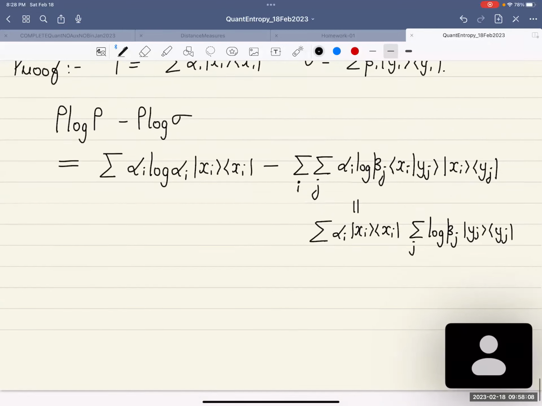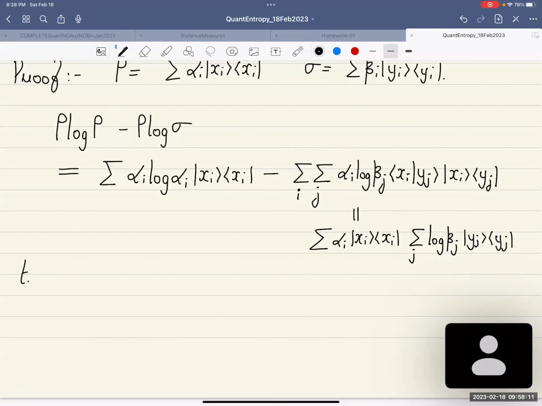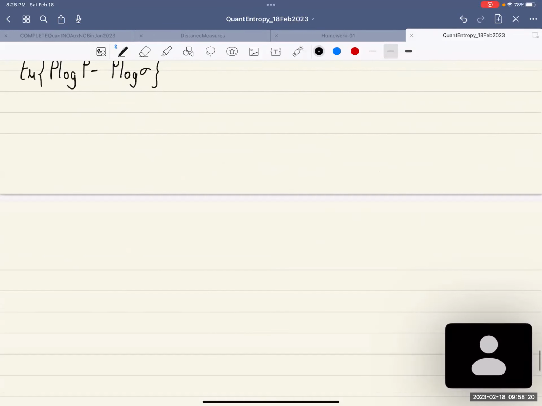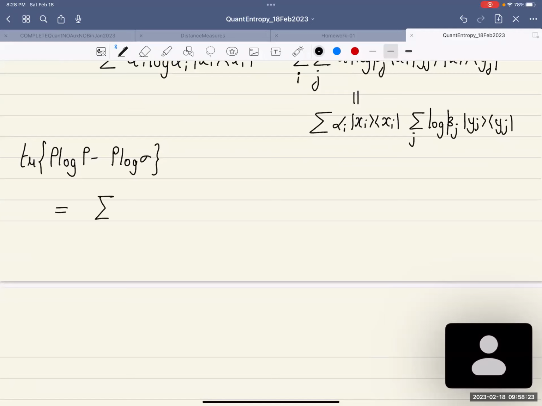Okay. So let's do the trace. So trace of rho log rho minus rho log sigma is, I claim, the sum of alpha i log alpha i minus, I claim the following, the sum over i, j of alpha i log beta j times |xi yj| whole square.